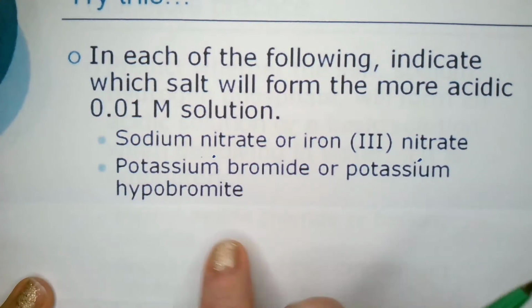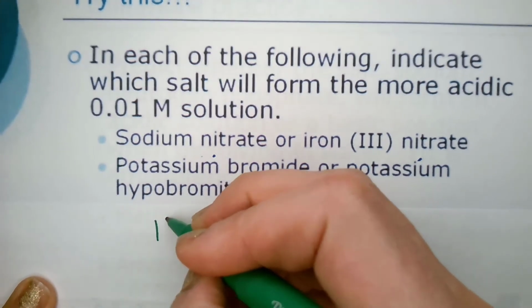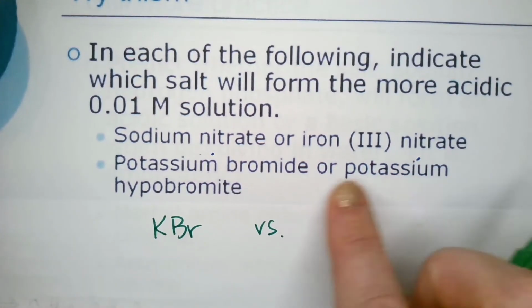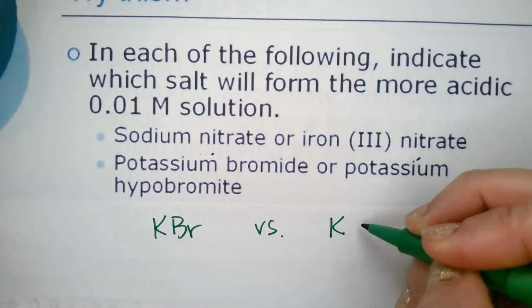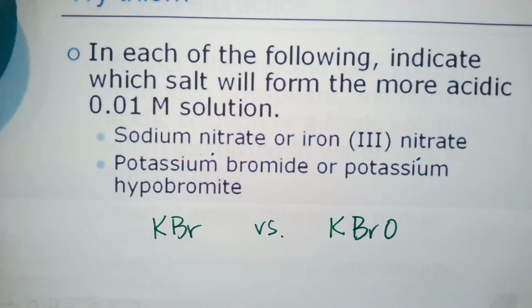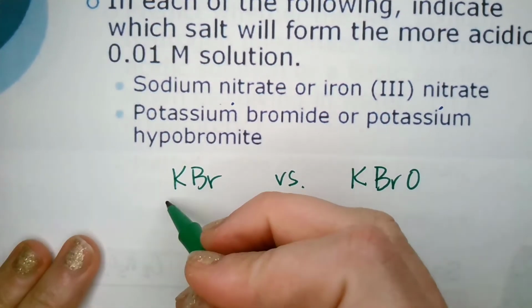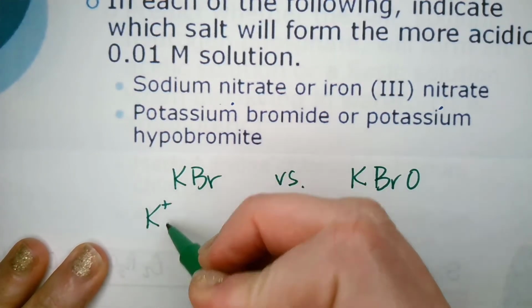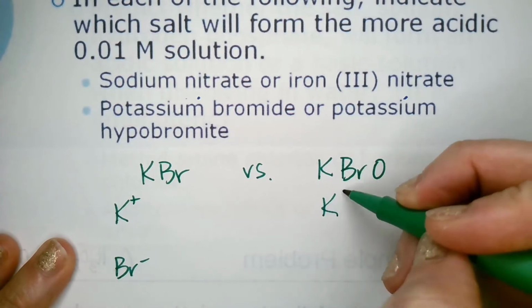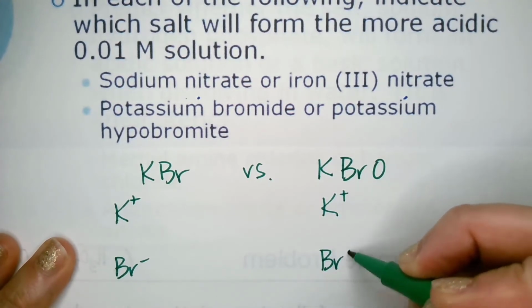Let's look at number 2, potassium bromide, KBr, versus potassium hypobromite, KBrO. All right, so let's separate potassium bromide into its 2 ions. We've got K+ and Br-. And here we have K+ and BrO-.